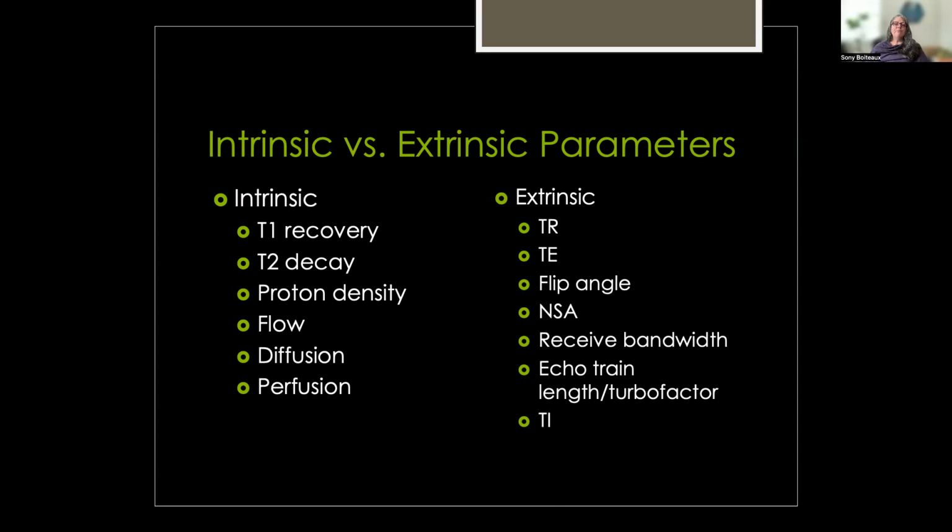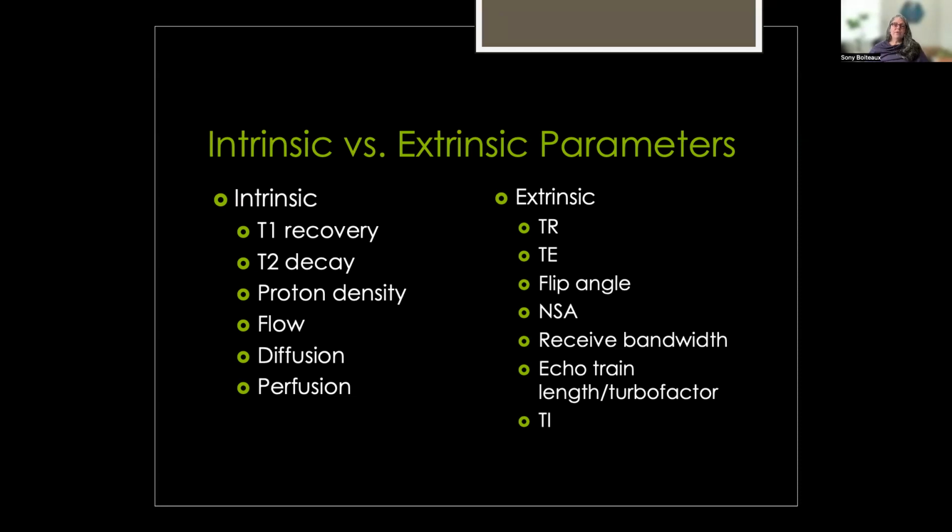And perfusion is the amount of blood that is brought to a region of tissue, or the grams of blood per centimeter of tissue. Those are all examples of intrinsic parameters. Those are things that are inherent to our patient, and we don't have control over them, not directly. We have indirect control over them through our extrinsic parameters.